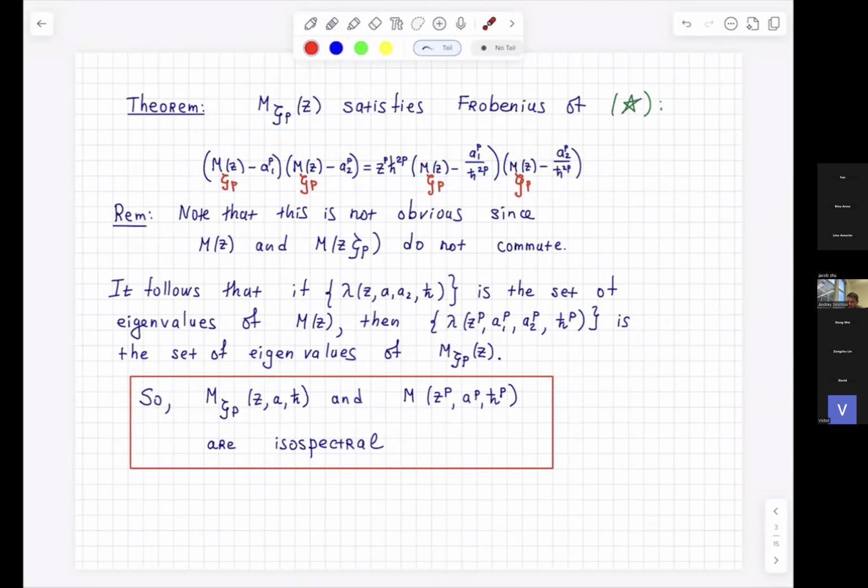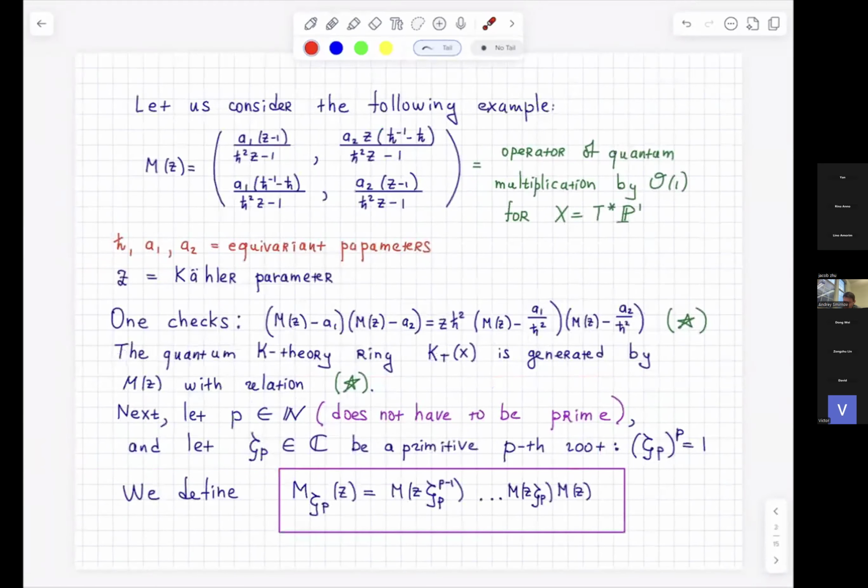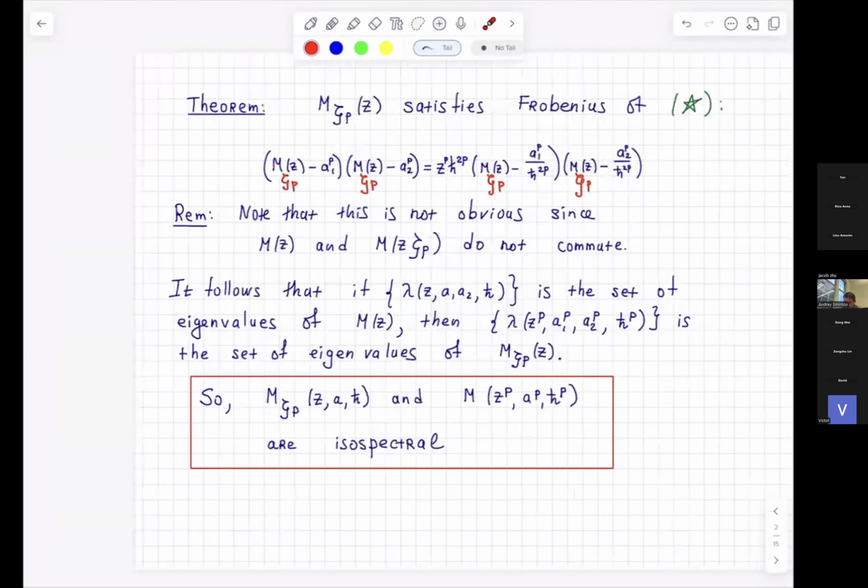Just a second, since you added the index here, the a1, a2 in the previous star for M, is that the same a1, a2? It's the same a1, a2, yes. So yeah, the original star for M_ζ. Okay, yeah, thank you.